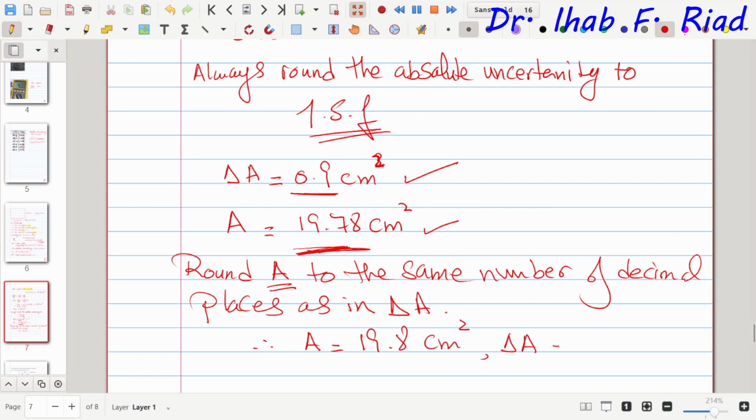Delta A is equal to 0.9 centimeter square. Okay, just keep all this in mind.